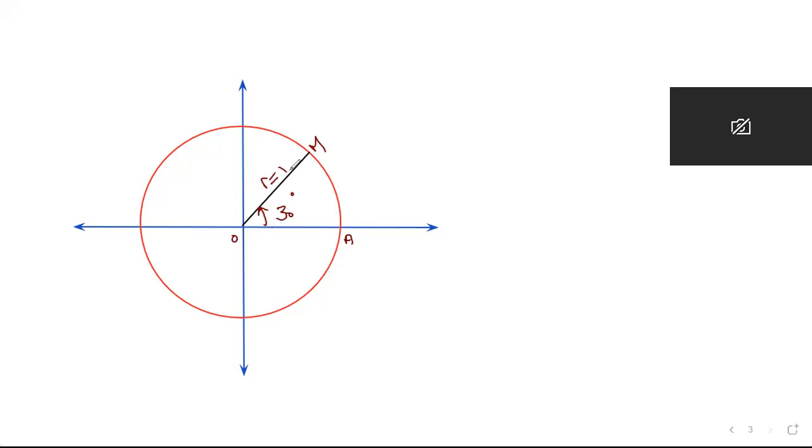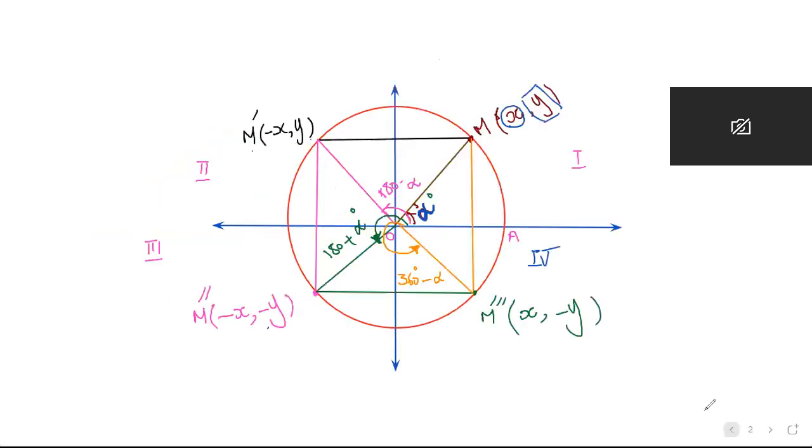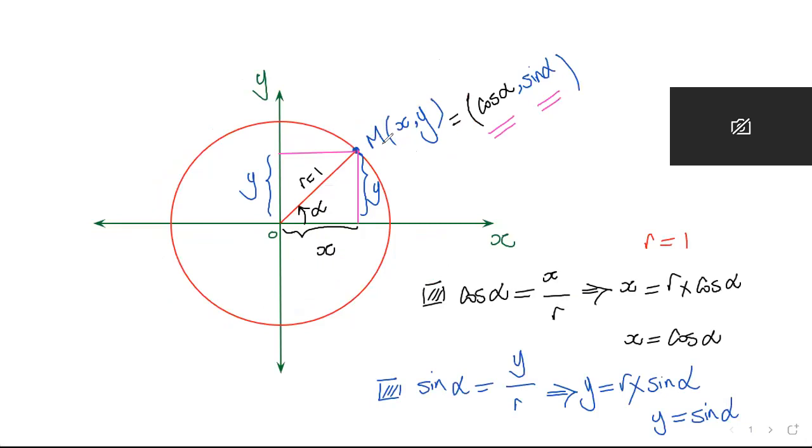You say, okay, this mosquito should come with one value of X and one value of Y. That's obvious. And based on what we talked about on this slide, this mosquito with the coordinates X and Y can be connected with the angles they make while flying around the circle.